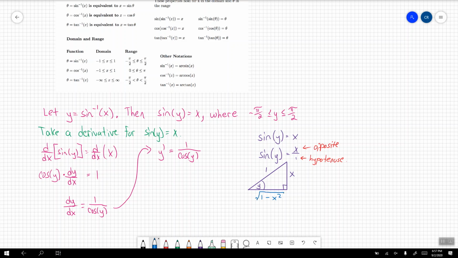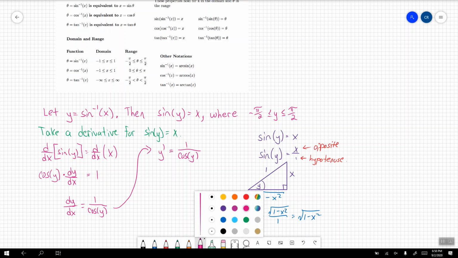So when we want to look at cosine of y, that's actually real nice, because now cosine of y is equal to the square root of 1 minus x squared divided by 1. In other words, it's just the square root of 1 minus x squared.